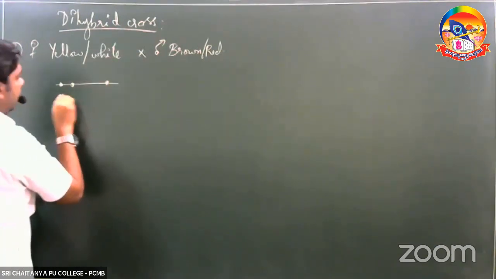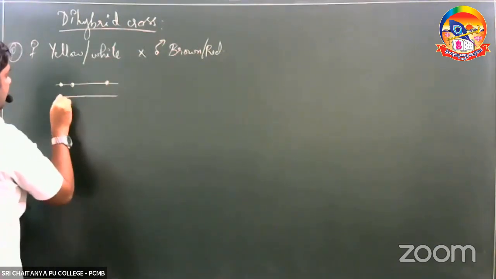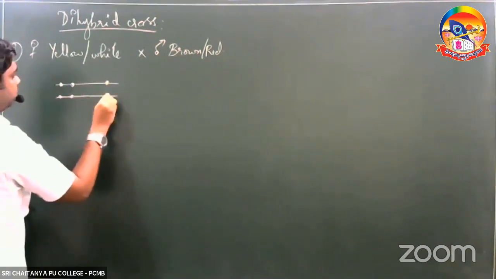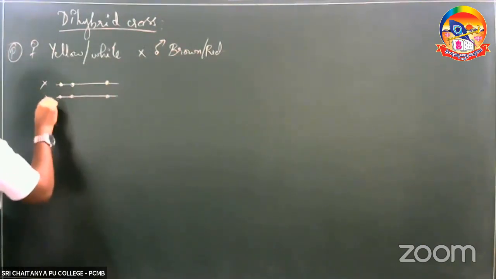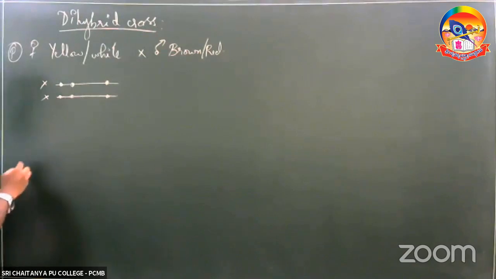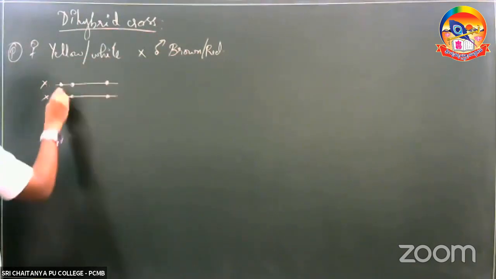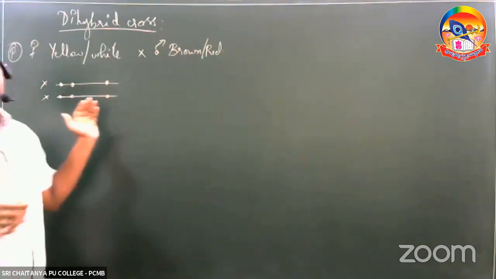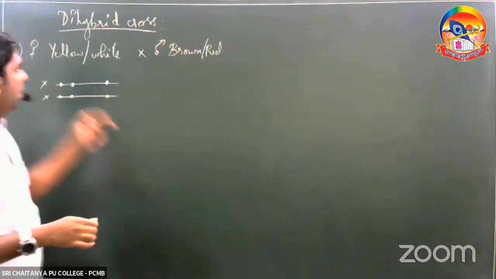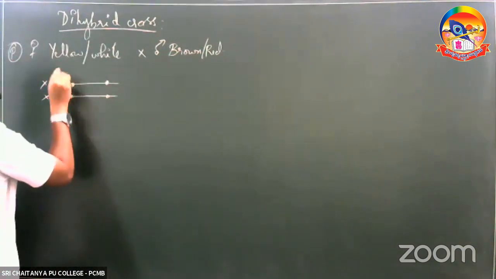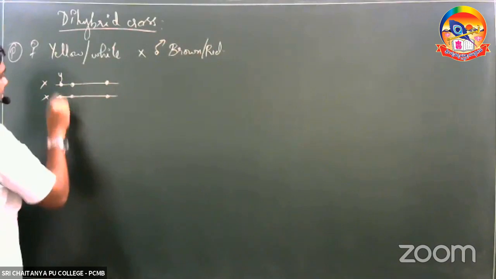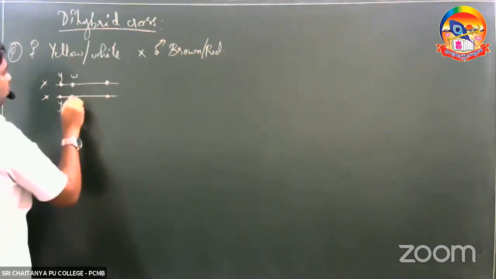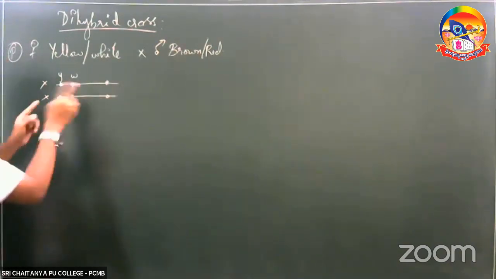This is one X chromosome and this is the other X chromosome, therefore this individual would be a female, a yellow-bodied, white-eyed female. If you recollect the alleles we showed in the previous session, a recessive allele is shown by a small letter, so here it would be y and w, w denoting white. These were the genotypes.